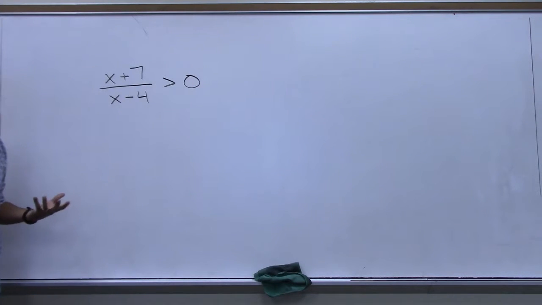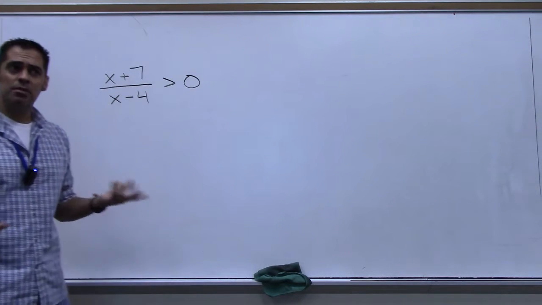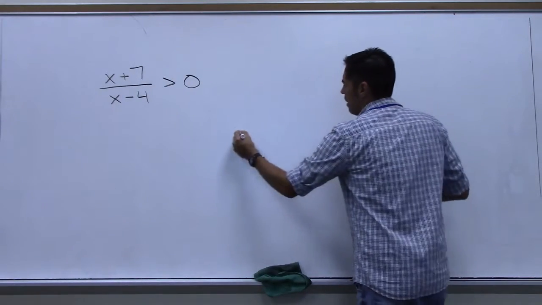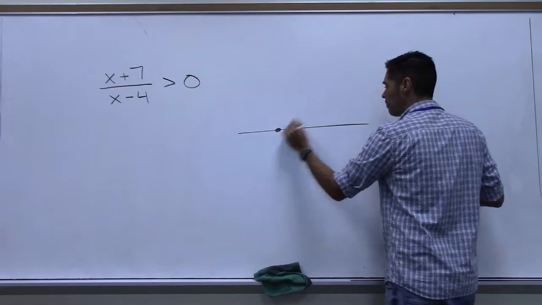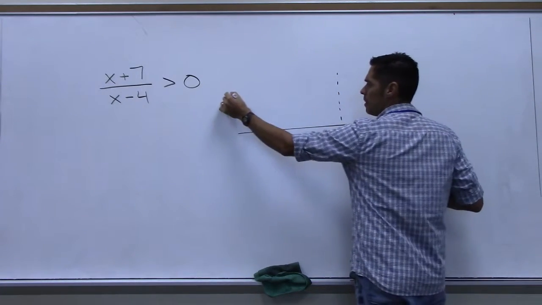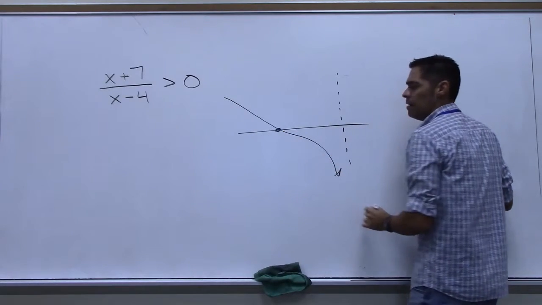What are the things that would be really important to us? The x-intercepts, and probably the vertical asymptotes. Those would be the most important things to us, because if we have, let's say, an x-intercept here, and a vertical asymptote here, then it could be doing something like this, right?